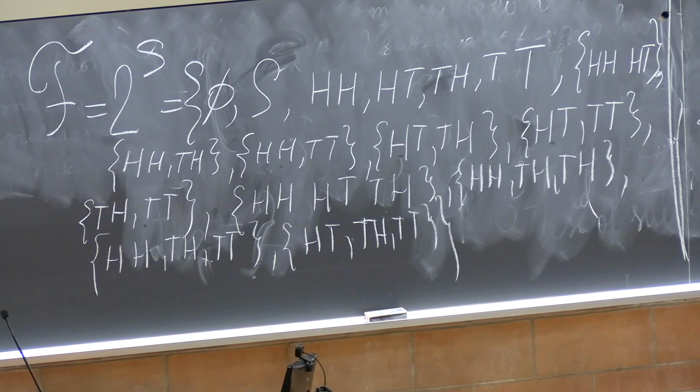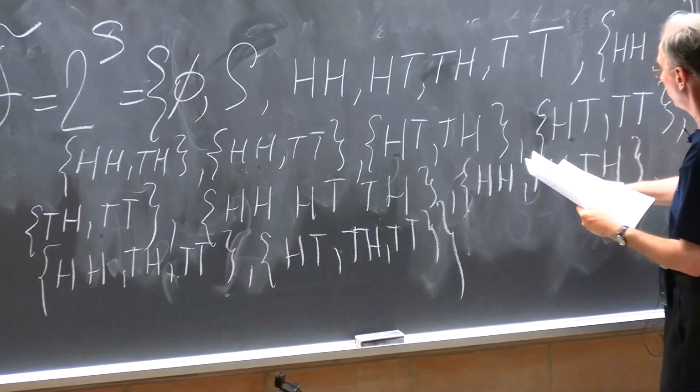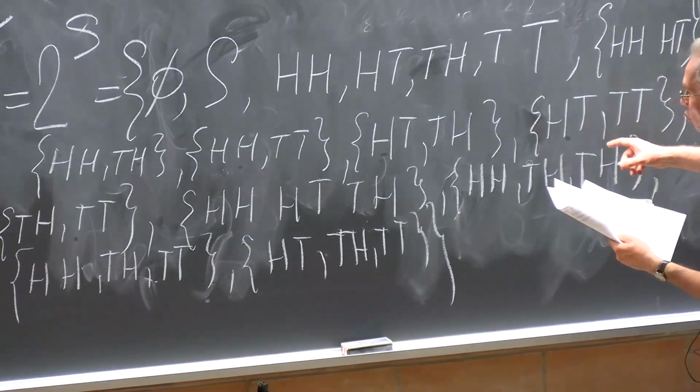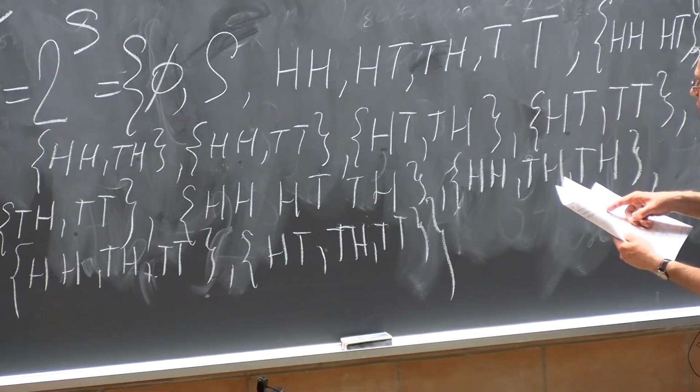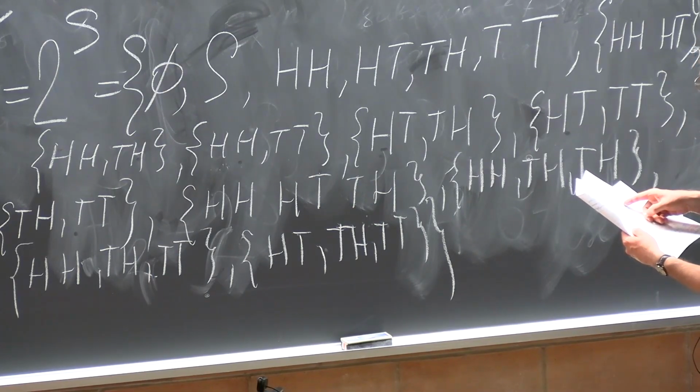Yes? Sorry, for one of your sets, on the right it says HH, TH. HH? Oh, yeah. HH, TH. So it's a slip of the chalk. So no, it should be HH, HT, TH.